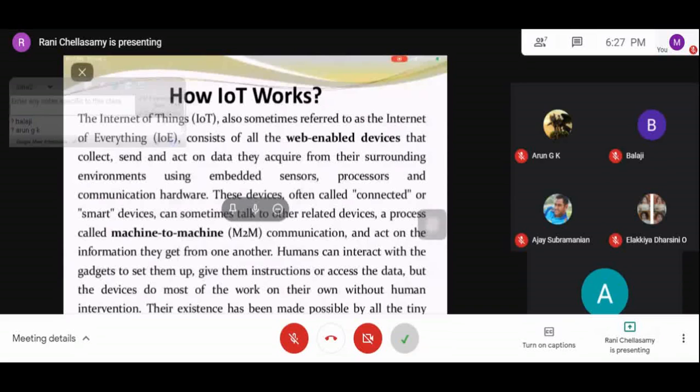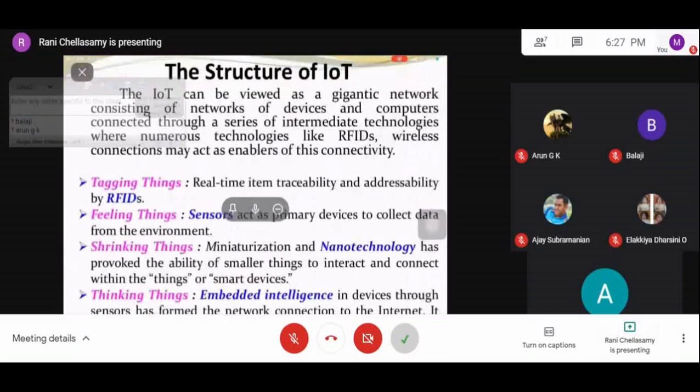So the structure of the IoT consists of four parts: tagging things, feeling things, shrinking things, and thinking things. We have already seen that things means any physical object or entity. This IoT can be viewed as a gigantic network consisting of networks of devices.